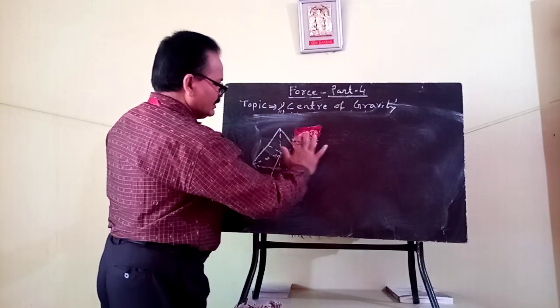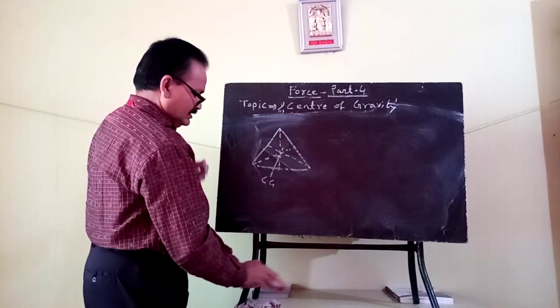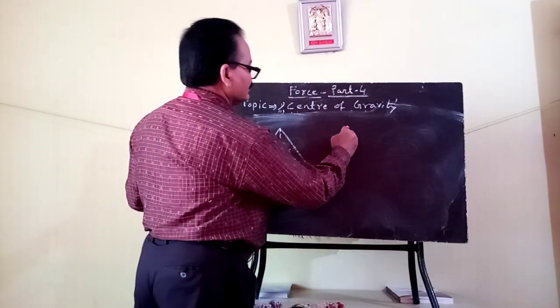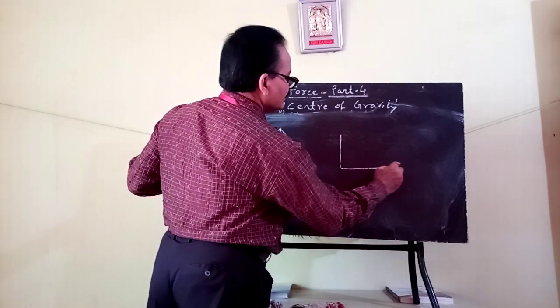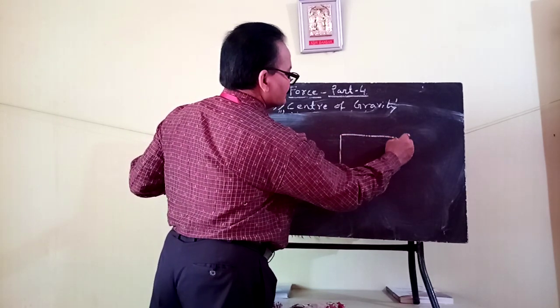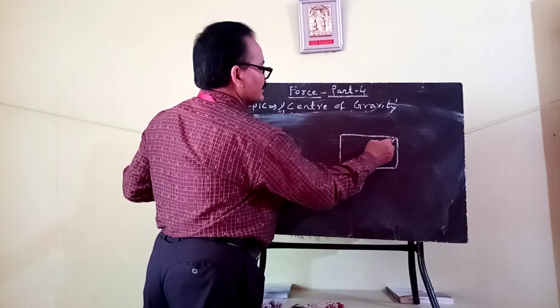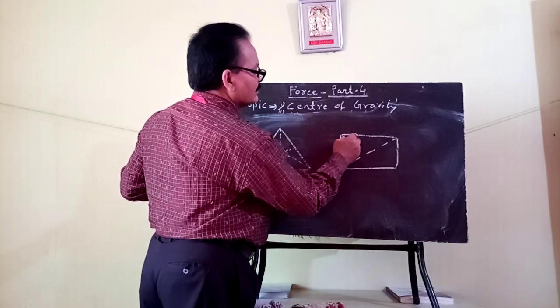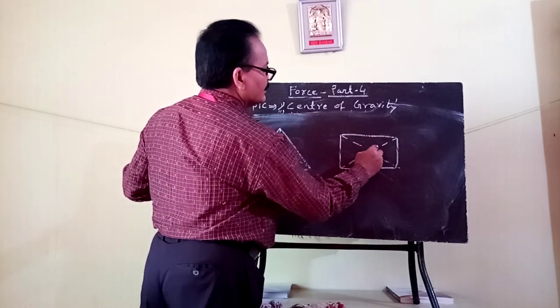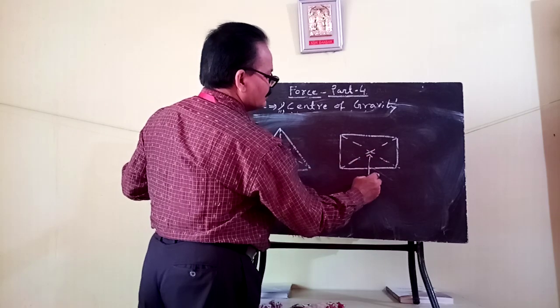For a rectangular lamina also, you can see these are regular shaped bodies. The point of intersection of the diagonals will be the position of center of gravity.